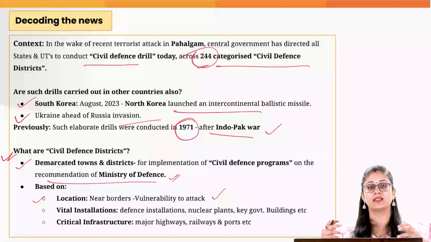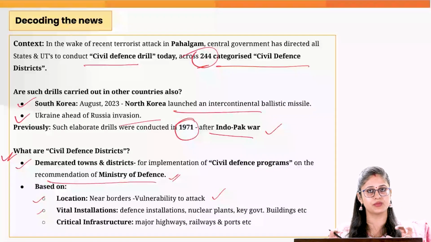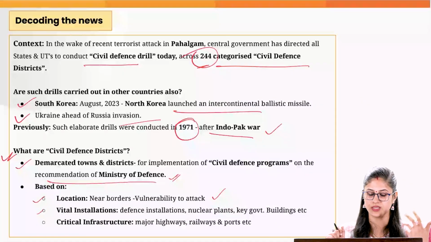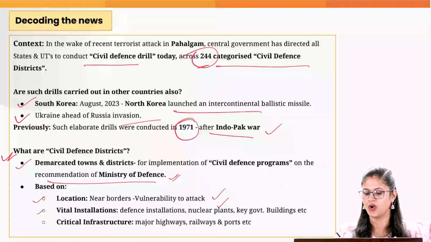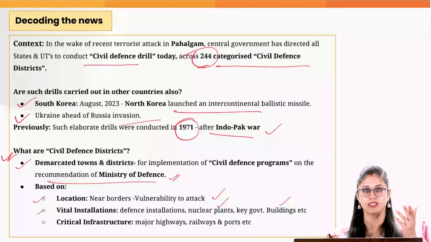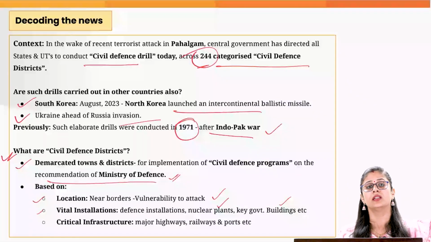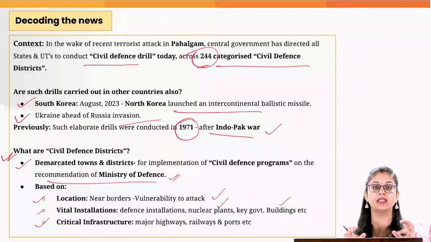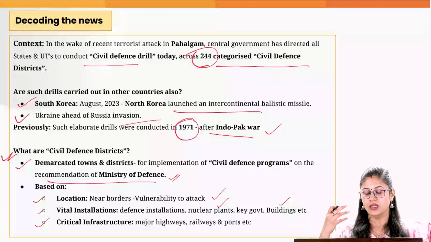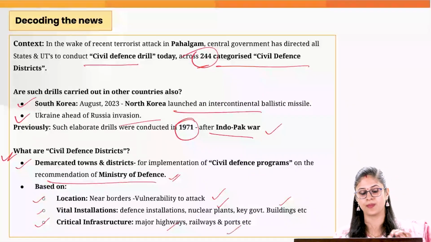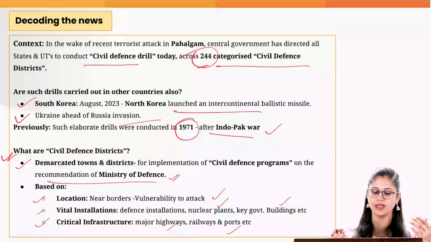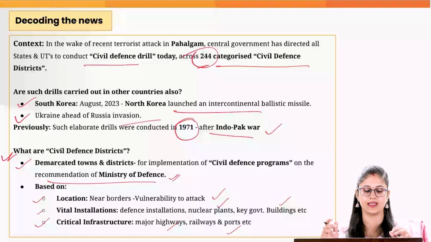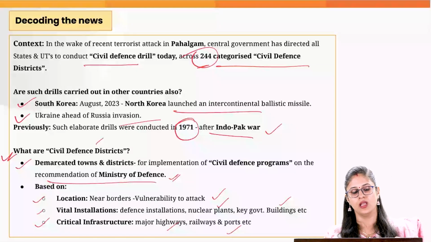Then we look into whether some vital installation is in place in that district. Vital installation means a nuclear power plant, thermal power plant, or key government buildings, for example, Delhi. Then whether that district has critical infrastructure, for example, railways, major highways, national highways, ports, etc. Based on these parameters, the Ministry of Defense recommends that a district be categorized as a civil defense district.